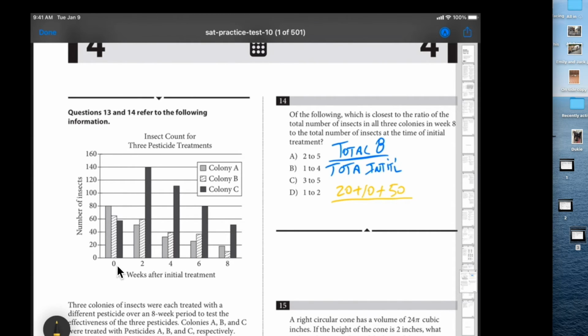At the time of the initial treatment, which is here, we have 80. Plus here, I'm going to call that 60, and I'm going to call that 60. So I'm going to call both of them 60 or 120. That's going to give us 80 over 200, or 8 over 20, or 4 to 10, or 2 over 5. So I'm going to call that choice A.